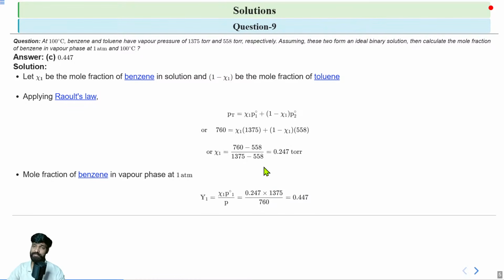Any doubt in this question? Is it clear to all of you? Anyone who has a doubt, you can just comment it here. Or if you have a different answer for this, then also you can ask. Okay, I'm assuming that it is clear to all of you.